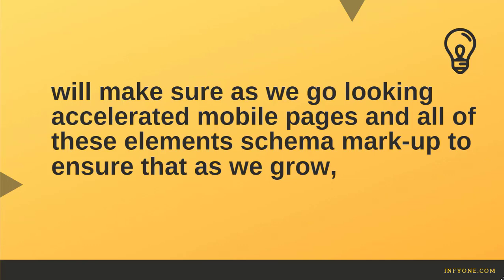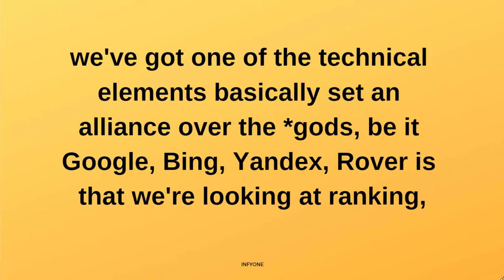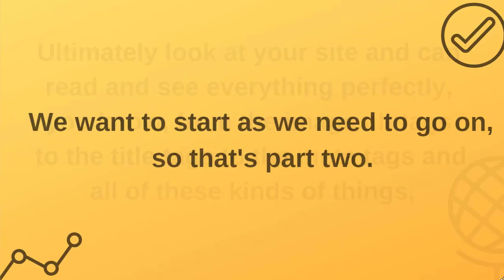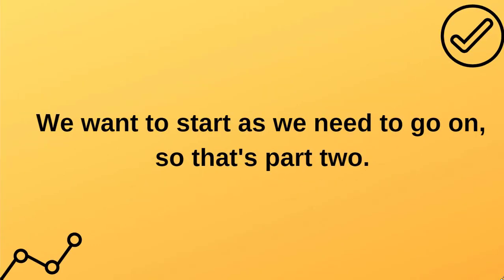We want the technical elements set in alignment with the search engines, be it Bing, Google, Yandex, whoever we are looking at ranking on, so they can read and see your site perfectly, from the image alt tags to the title tags to the meta tags. We want to start right as we go on. So that's part 2.